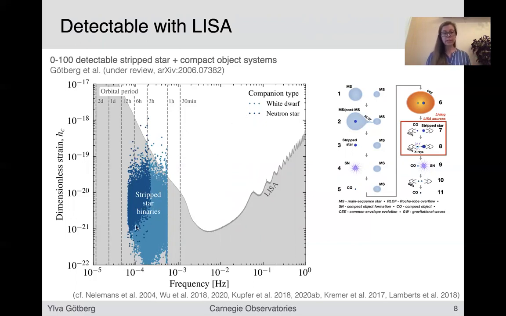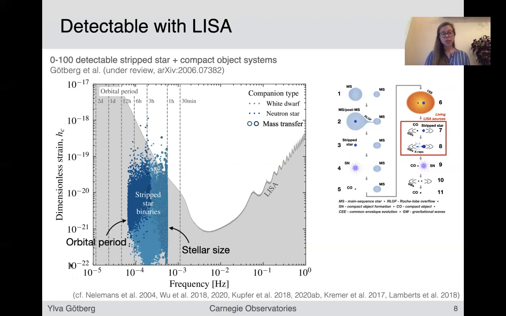So here we can see the resulting distribution of the Monte Carlo code that we created to investigate this topic. And you can see that the high frequency end here is limited by the size of the star, so how tight the orbit can be, and that is also why a fraction of them is mass transferring at this stage.